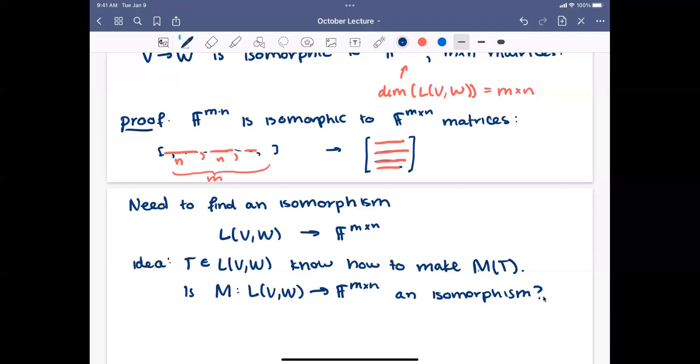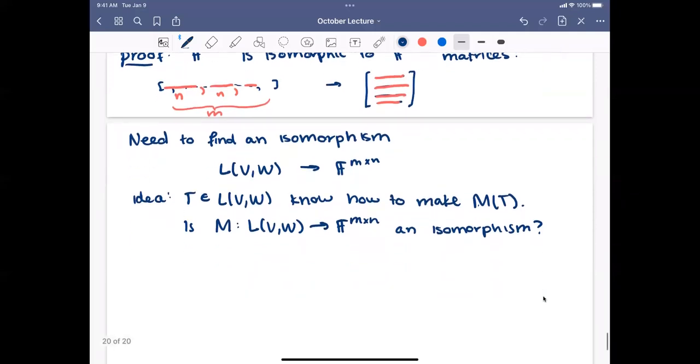So we already showed a while ago that this was a linear map, but we didn't say it in those words. Basically we defined the matrix operations so that this would be true.